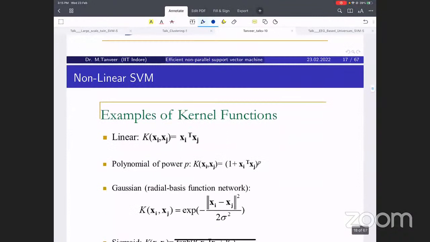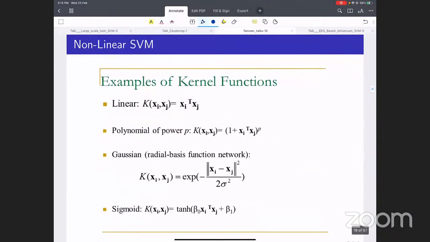Okay. There are many kernel functions available in the literature. You can go through them, some of them are mentioned here, and a lot of theory is available in the literature. If you are working in SVM and you are a learner of SVM, the essential question coming to mind is choosing a kernel.